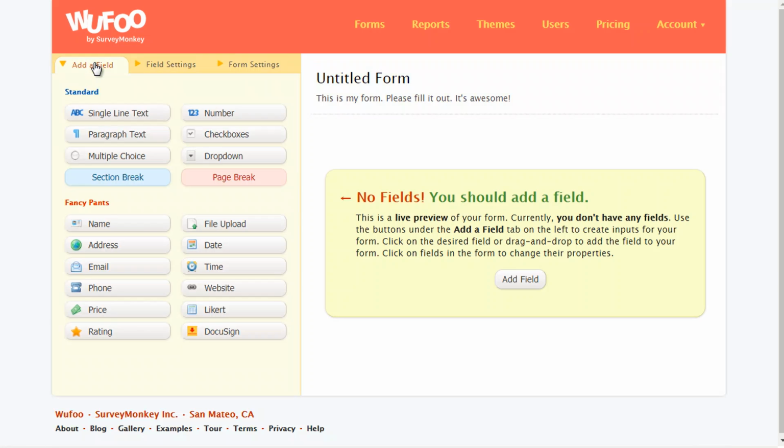But if we go over to add a field, in terms of building out your survey, what you want to do is stick with questions that are very easy and non-threatening in the beginning, such as what is your age, what is your name, what is your email, something that is very non-threatening. Because if you put in questions that people feel might be invading their privacy in the beginning, then they will be more skeptical or even reluctant to complete your survey.